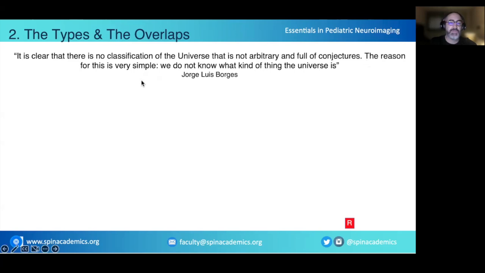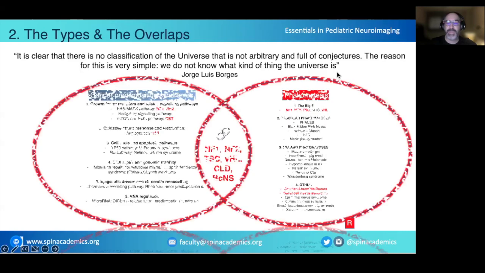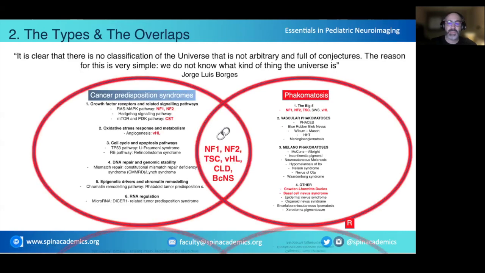The reason for this is very simple. We do not know what kind of thing the universe is." That means classifications are classifications, and they evolve, they change. They are not the word of God.